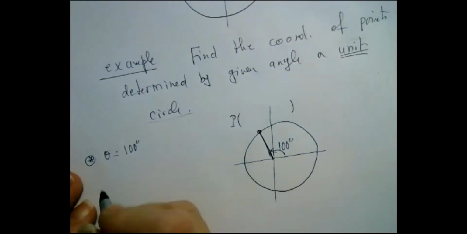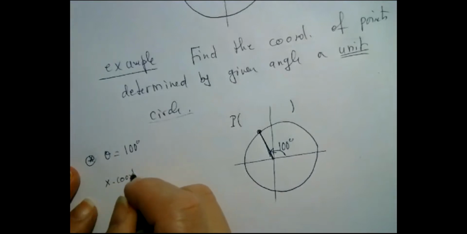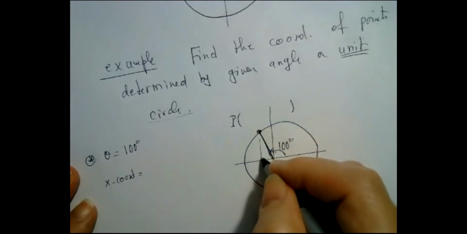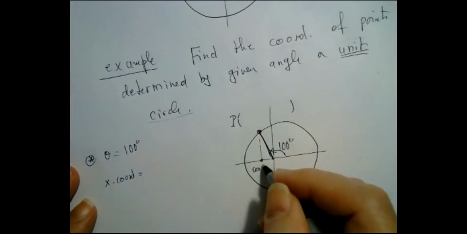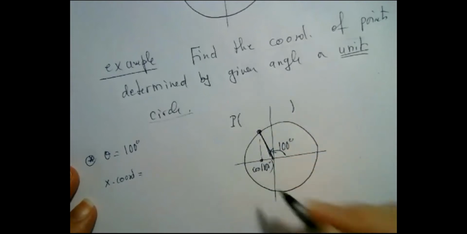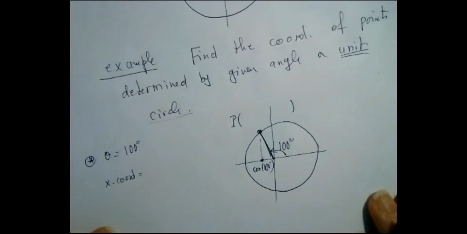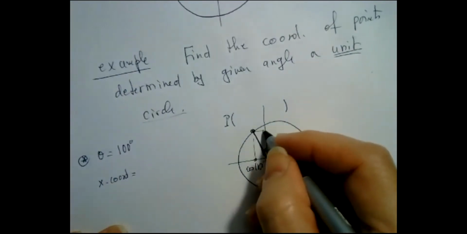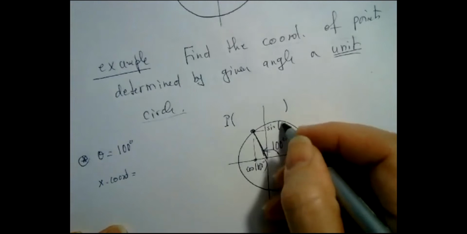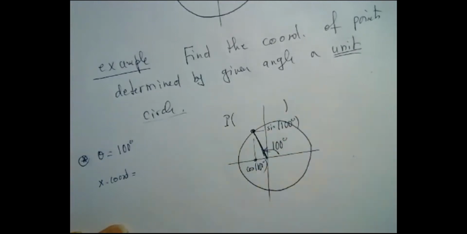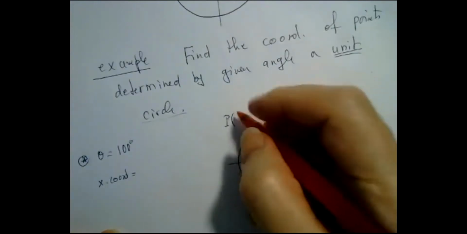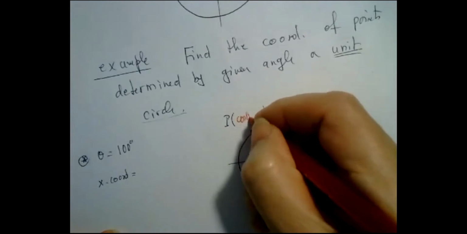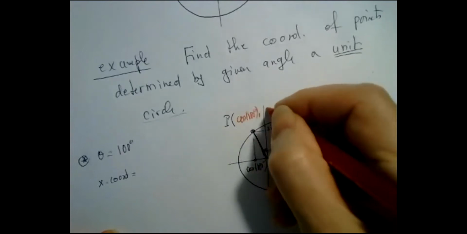So the x coordinate of this point is the cosine of 100. Now we're going to move backward in a way. And the y coordinate is the sine of 100. So this point has for coordinates the cosine and the sine.